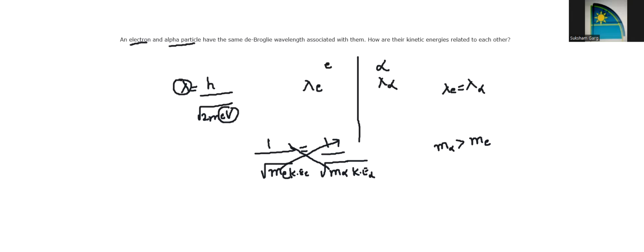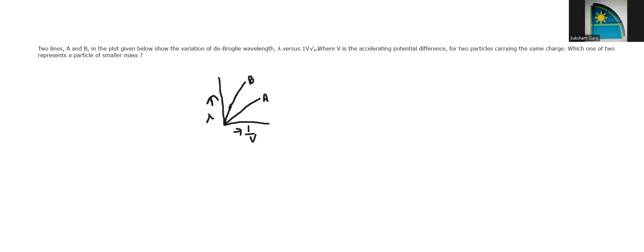When you see the ratio, then you will clearly know that the kinetic energy of the electron in this case will be more than the kinetic energy of the alpha particle. So by using this relation, we can solve this numerical easily.